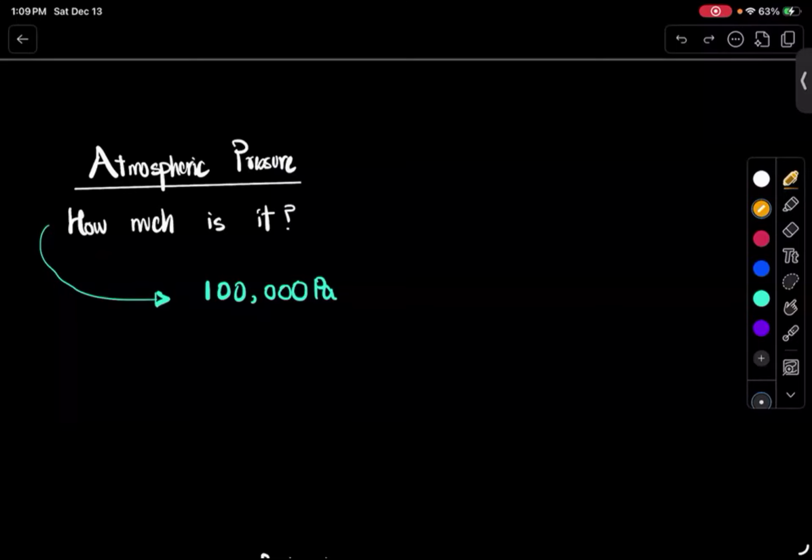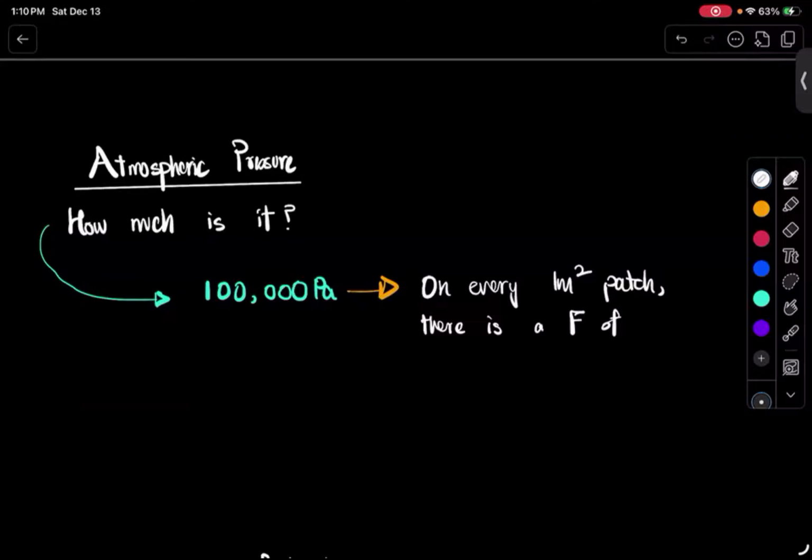What do you think? What does this number mean? It's the force by air. Exactly. So that means on every 1 meter square patch, there is a force of 100,000 newtons because of air.